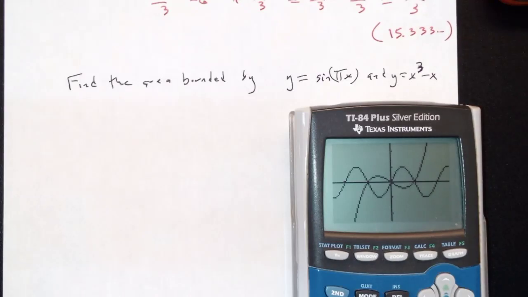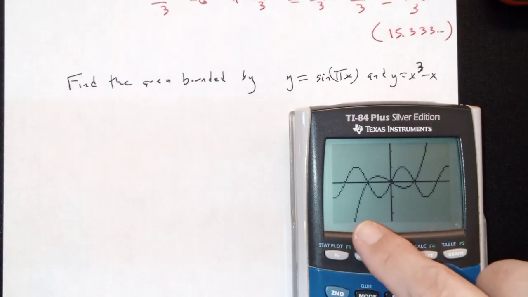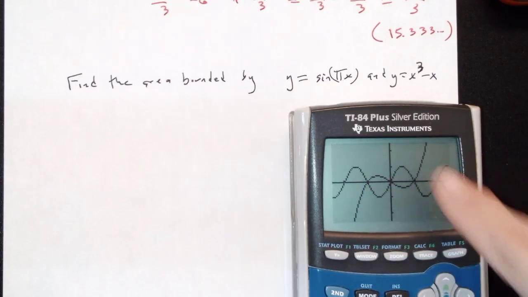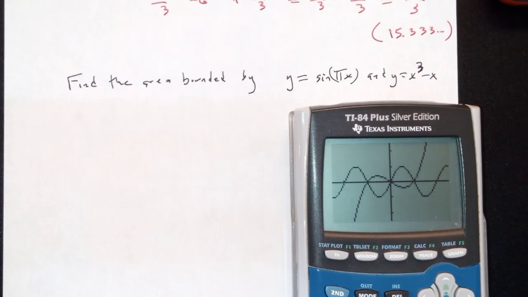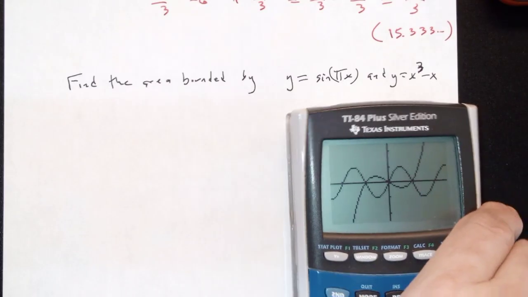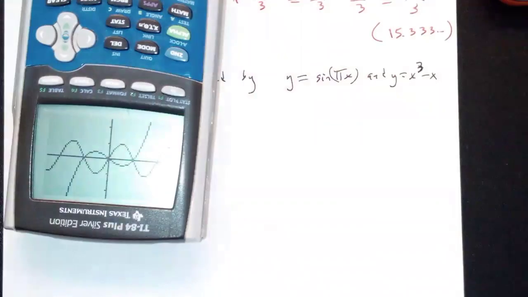It's an odd function. X cubed minus x is also an odd function. If I turn the picture upside down, it's the same thing. It's symmetric. The stuff in the upper left is the same as the stuff in the bottom right. The stuff in the upper right is the same as the stuff in the bottom left.